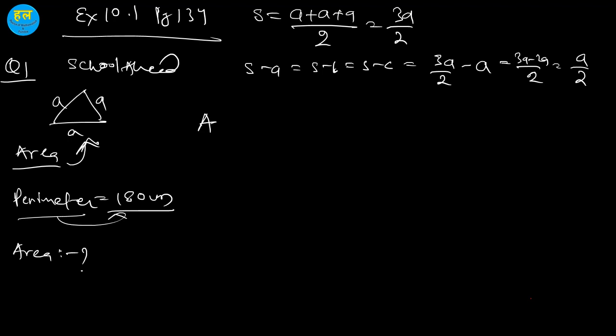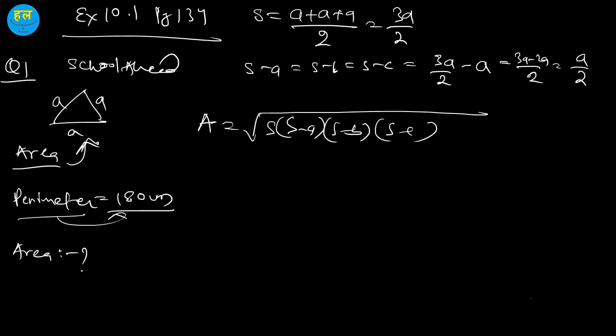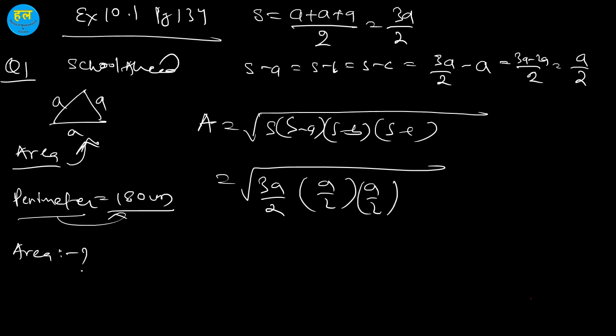Putting this in Heron's formula, we get the square root of S into S minus A into S minus B into S minus C. This is our Heron's formula. When we put the values here, it will be 3A upon 2 into A upon 2, A upon 2, and A upon 2.